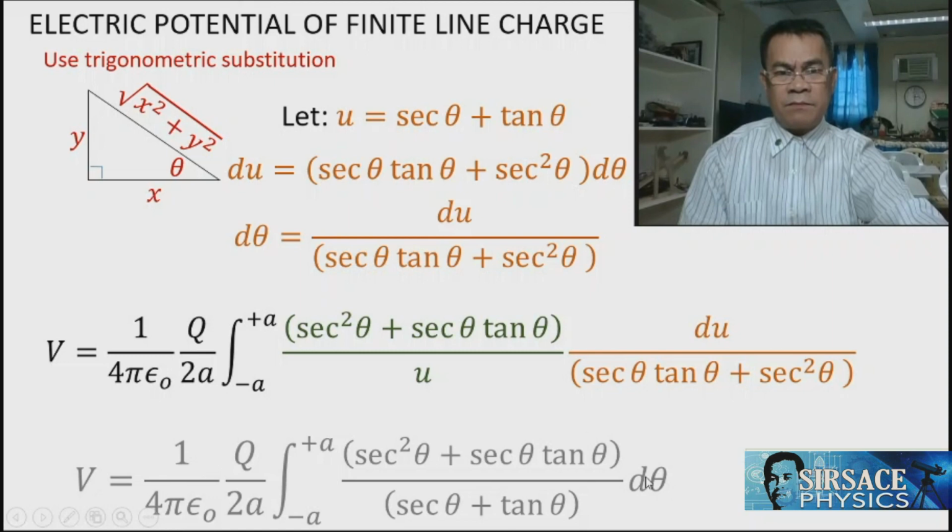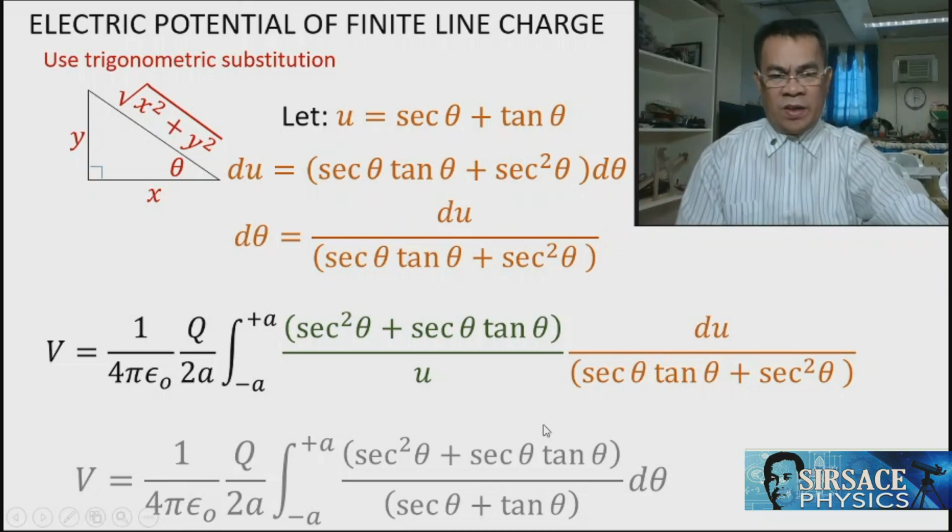Now what is this denominator, secant theta plus tangent theta? It should be the u value. So this one is the same, nothing has changed. Then this becomes u, and d theta is this one.